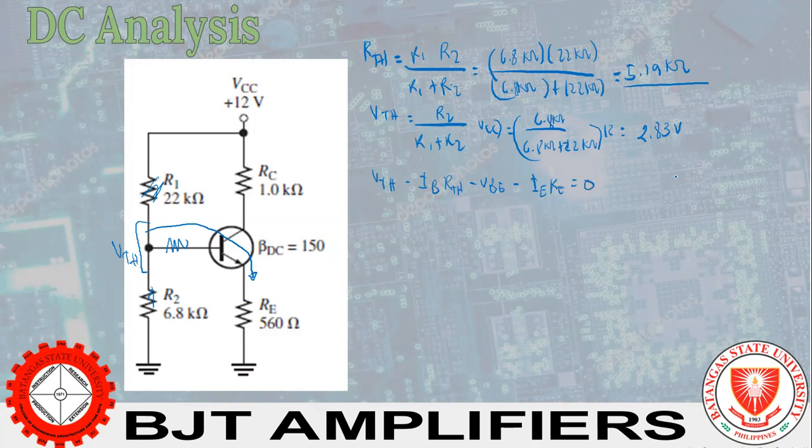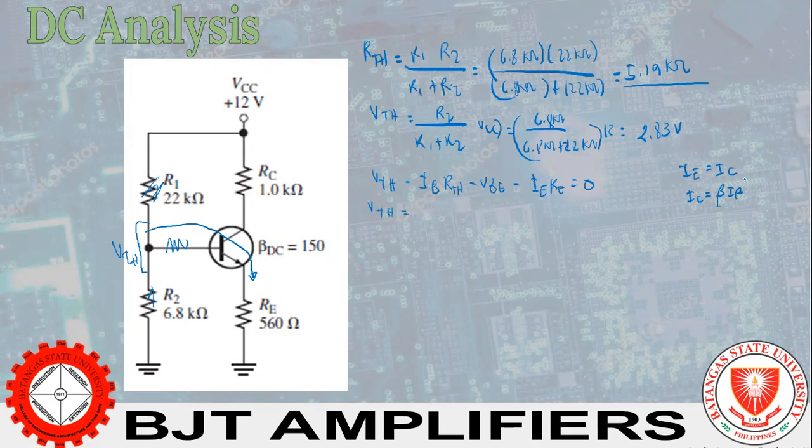Assume natin that IE is approximately equal to IC. And then si IC natin is beta IB natin, di ba? So, kakailangan natin is si IE.